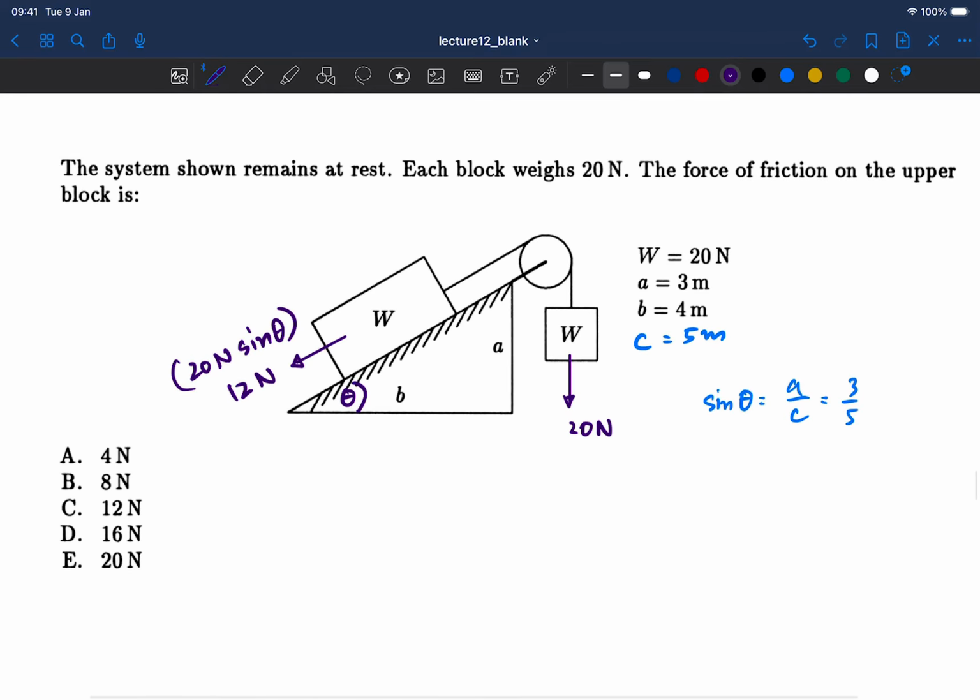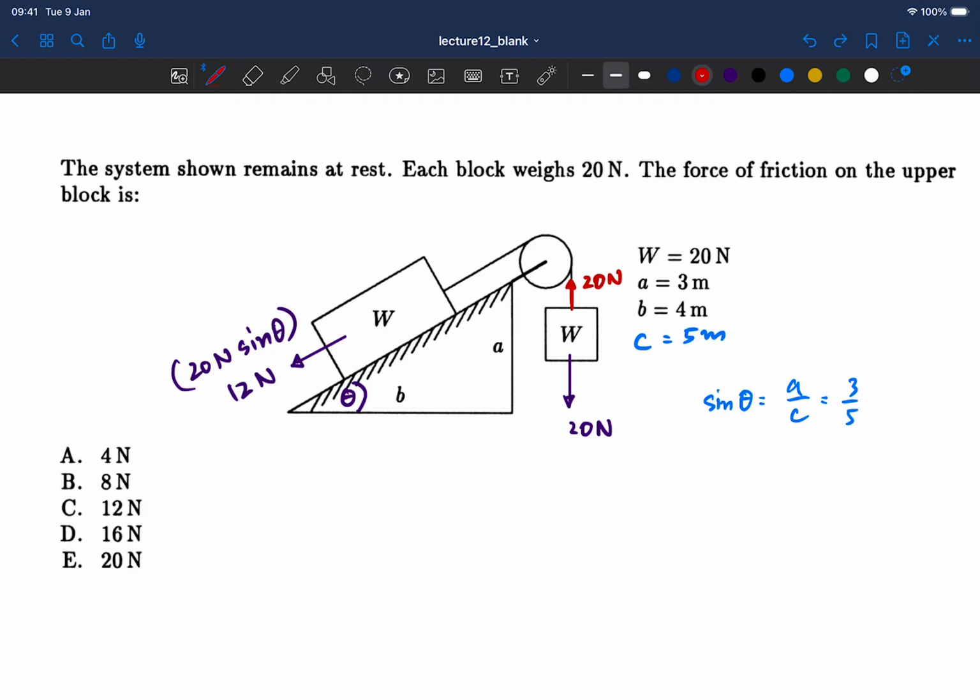Now the hanging mass, well, nothing moves, right? So all the forces on each mass must be 0. So the hanging mass is being pulled down by the weight of 20 newtons. In order for it to not move, the tension must be pulling up also at 20 newtons. But the string is the same as the one attaching to the other mass.